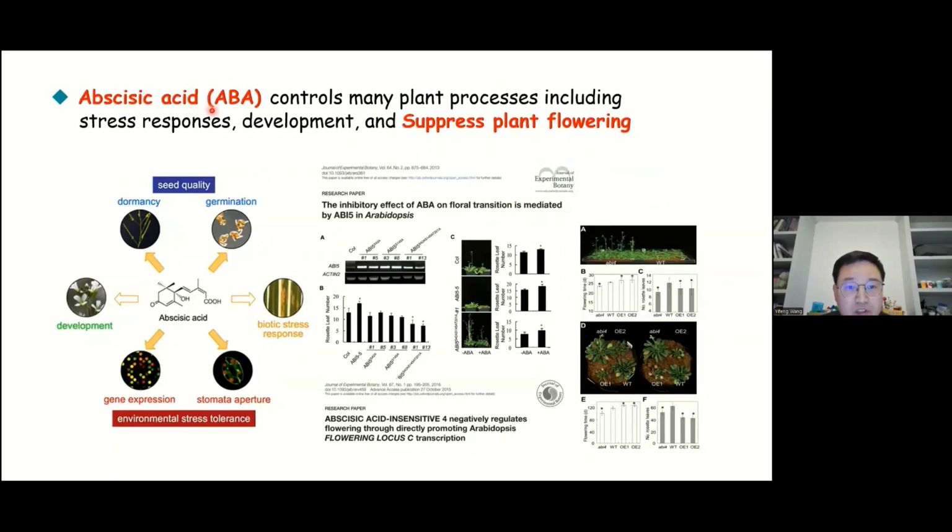Abscisic acid, a phytohormone, has been previously reported to suppress plant flowering. For example, ABI4 and ABI5, two key factors involved in ABA signaling, have been reported to repress flowering.